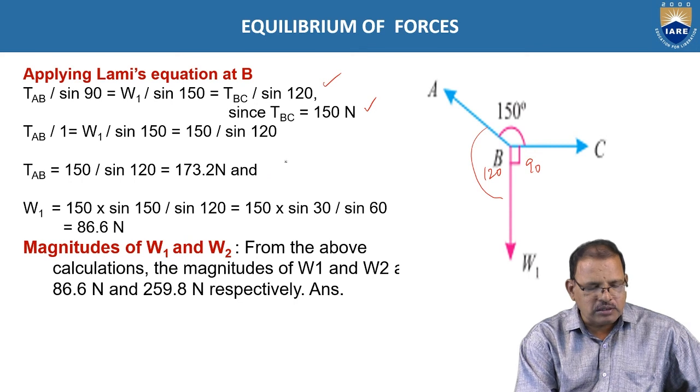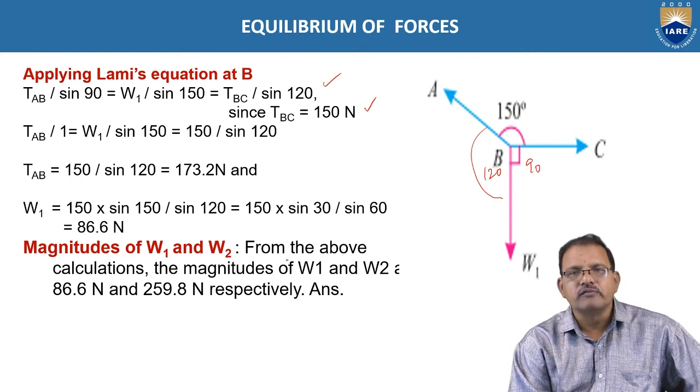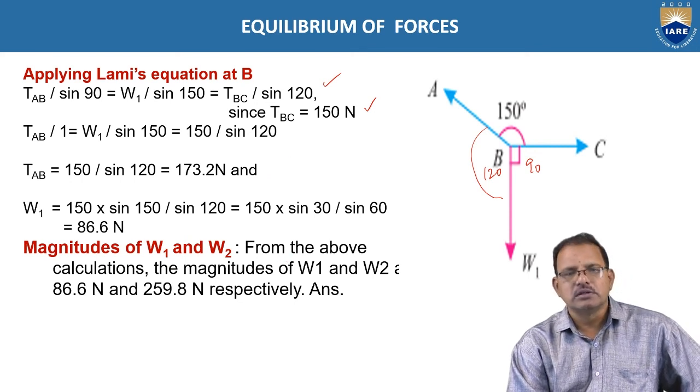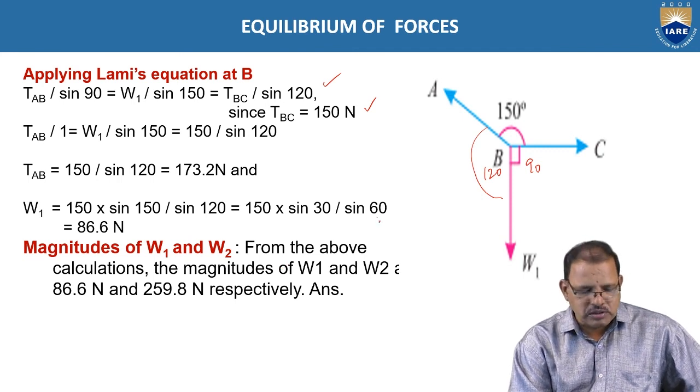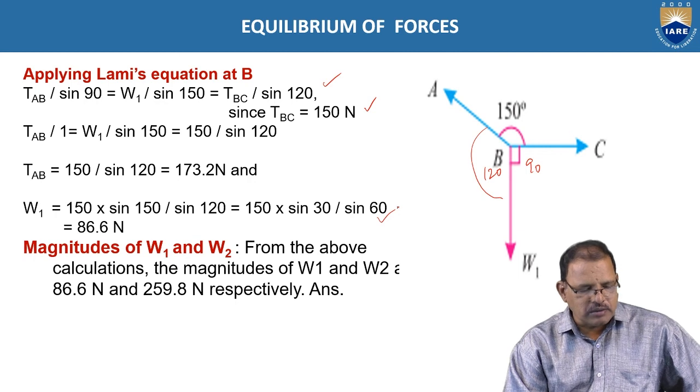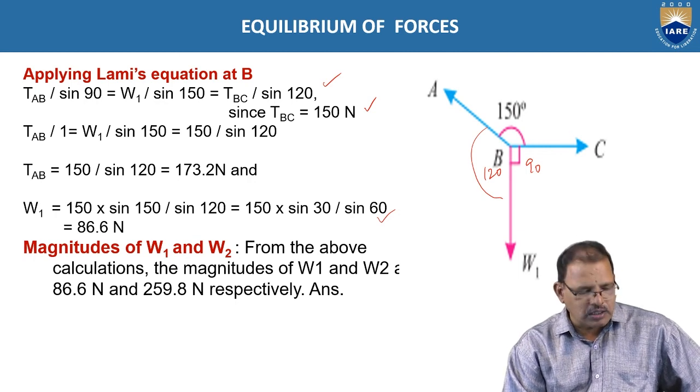On simplification, we got TAB equal to 173.2 newtons and W1 equal to 86.6 newtons, as shown in the figure. Hence, the magnitudes of W1 and W2 are 86.6 and 259.8 newtons respectively.